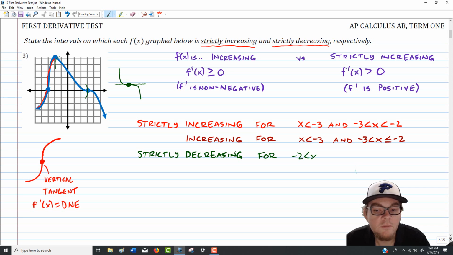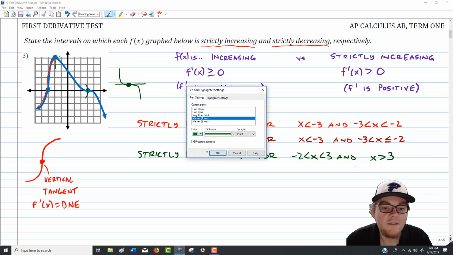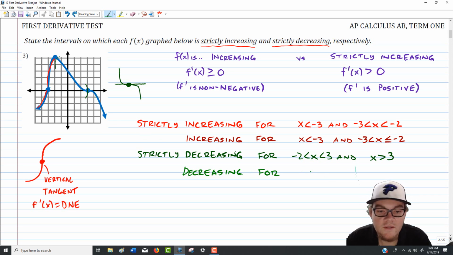Instead, we'll have x values between -2 and 3, and then we'll also have all the x values greater than 3. On the other hand, just like we did before, had we been asked instead to talk about plain decreasing or classic decreasing, it's getting smaller kind of thing, then the technical definition says that we don't have to worry about the 0 that falls at x equals 3, and we can just say that it's decreasing for x greater than -2.